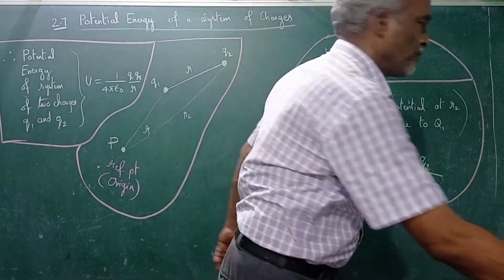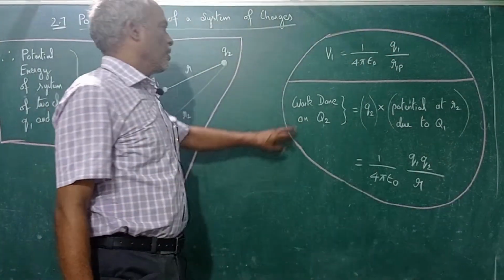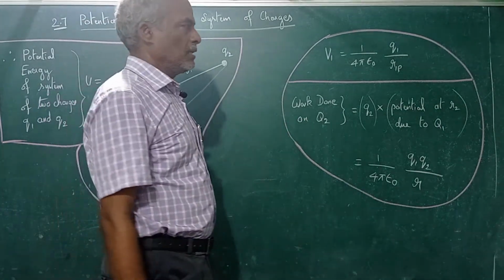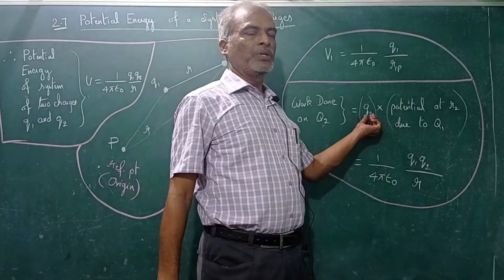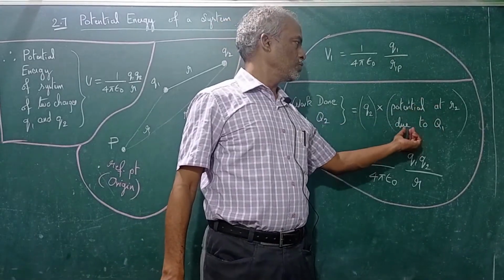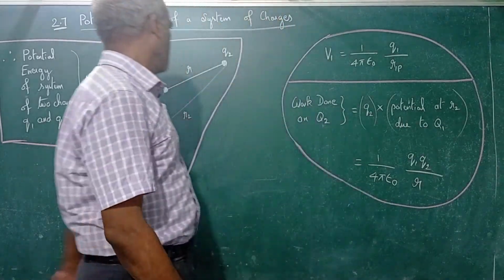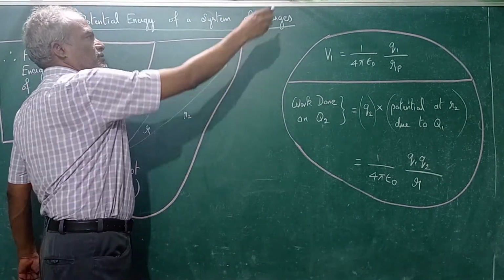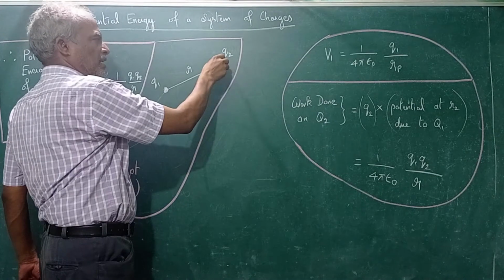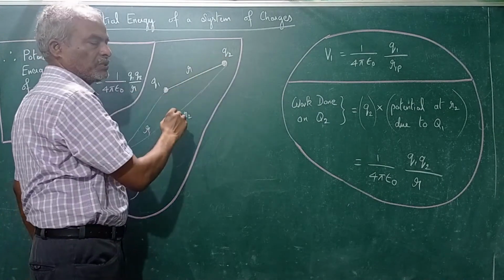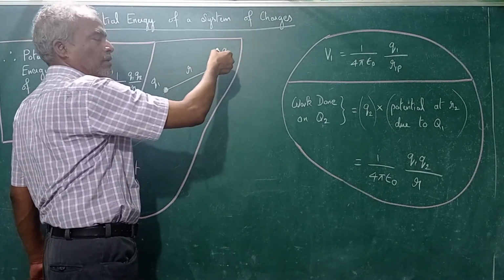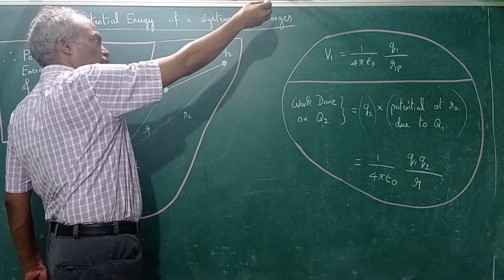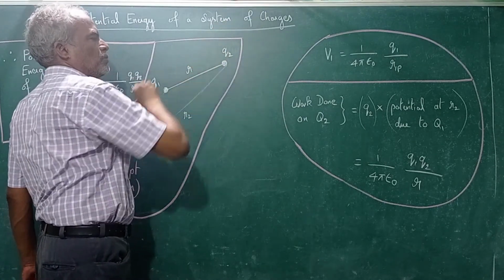That's the idea. So work done on q2 is nothing but the charge q2 into potential at r2 due to q1. That is, this charge is brought from infinity and it experiences a repulsive force. So a work has to be done in bringing charge q2 from infinity to this point.